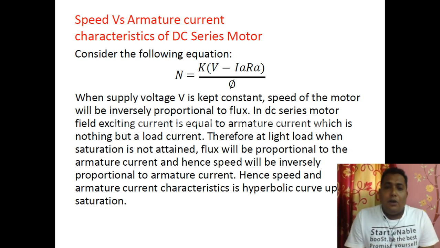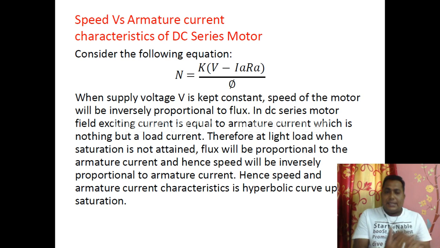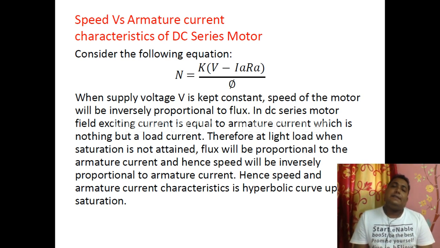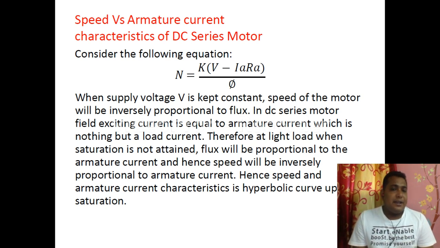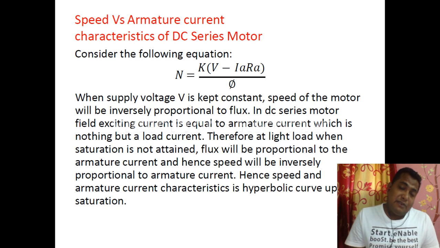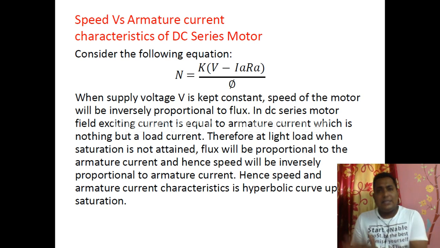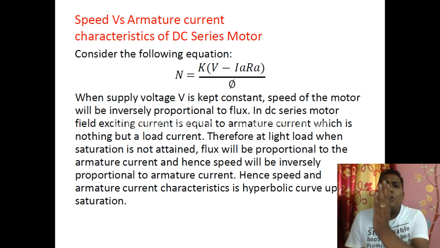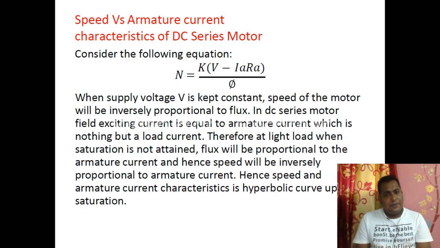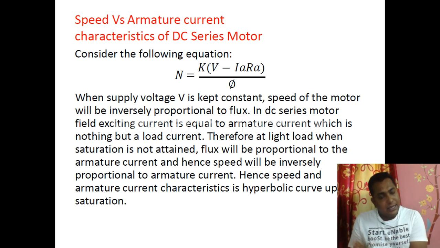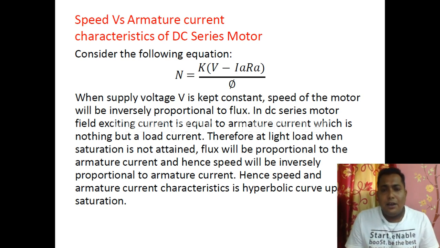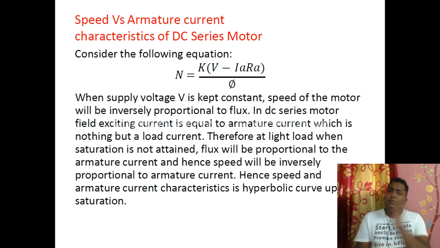Now in the previous characteristics we have seen that torque is proportional to Ia square. So if T is proportional to Ia square, then Ia is proportional to root T. Yes, we can write that, we have just taken the root of the equation T proportional to Ia square.